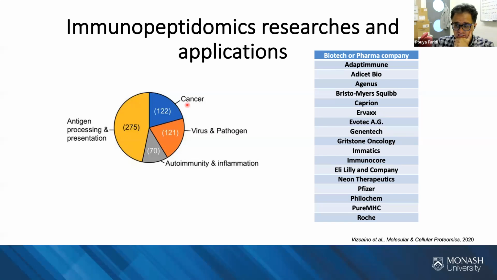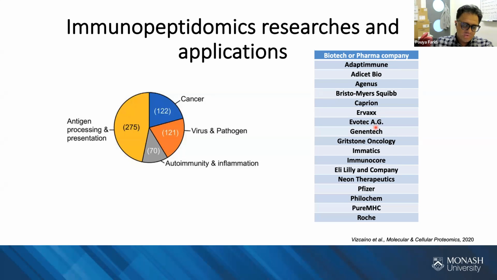What's very interesting is that now there are very big names in biotech and pharma companies that have immunopeptidomics in their workflow, in their research. I mean, you see Roche is here, Genentech, and there are lots of small companies or startups that are using immunopeptidomics in their pipeline to find targets for cancer immunotherapy.